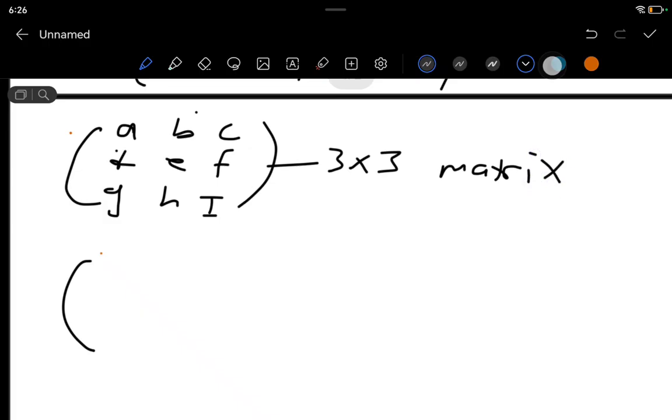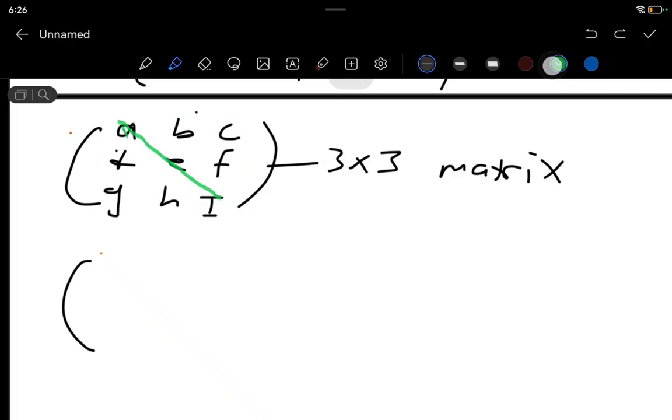The moment I take this matrix, remember, this is a diagonal, these are our diagonal points, or entries. The moment these entries are something else other than 0, and these ones are 0, this one we call an upper triangular matrix.